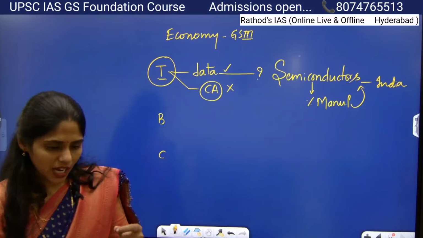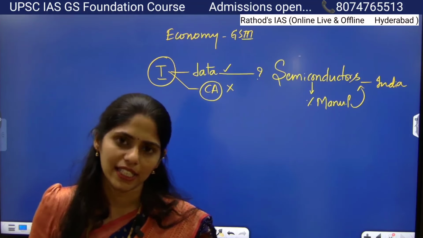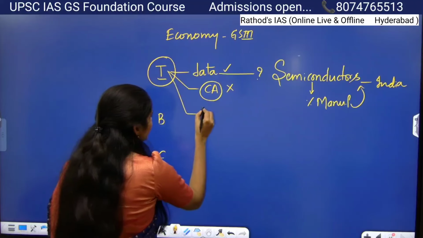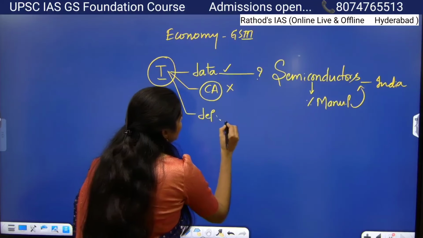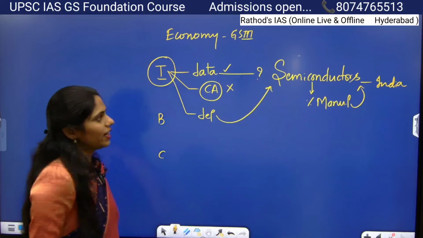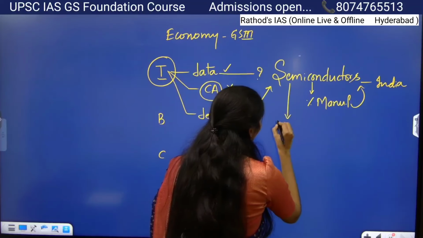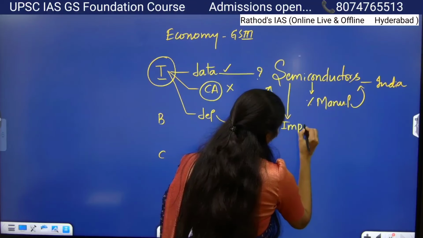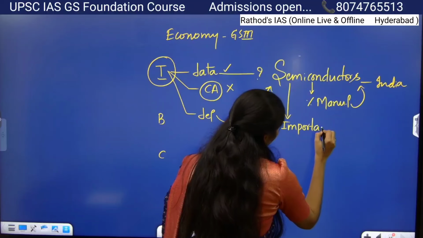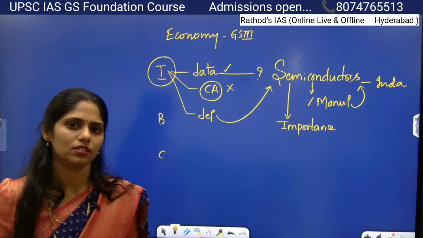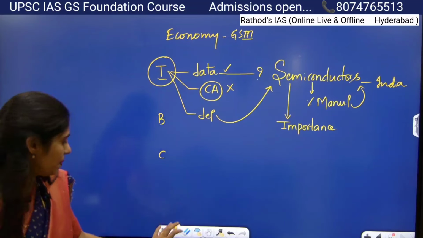So if you can't recall data in the examination hall, then you can use the definition of semiconductors. You can write what semiconductors are and even in one line conclude what their importance is. So there are two methods you can use in the introduction of this specific question.